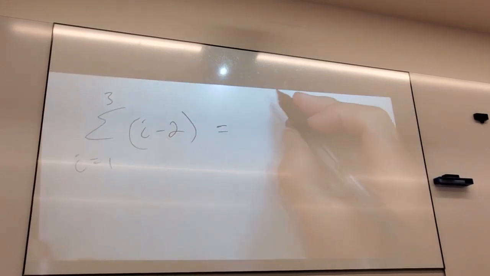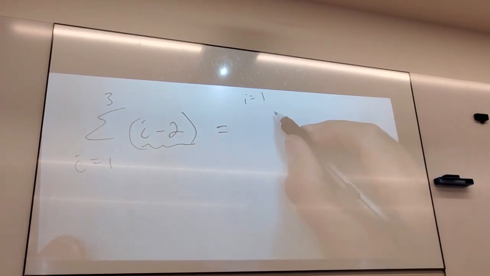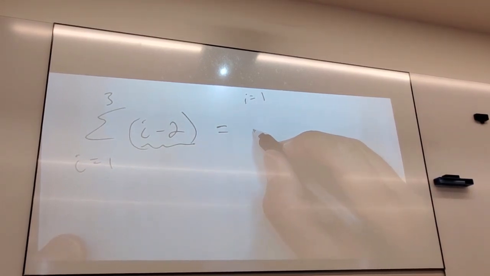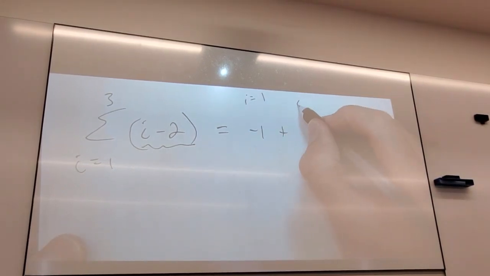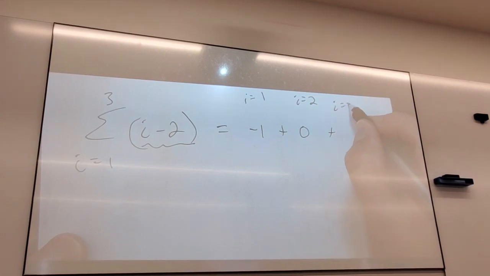One thing you can do for yourself: i is 1 at first. So what are we working with if i is 1? Maybe 1 minus... no, negative 1. Plus, what are we working with if i is 2? 0. Plus, what are we working with if i is 3? 1.